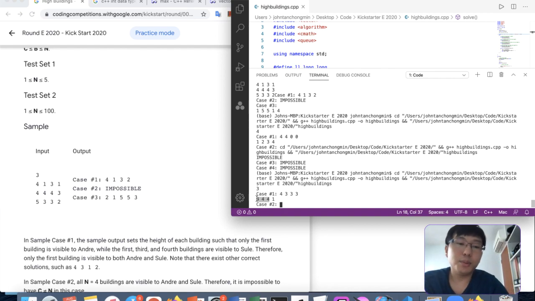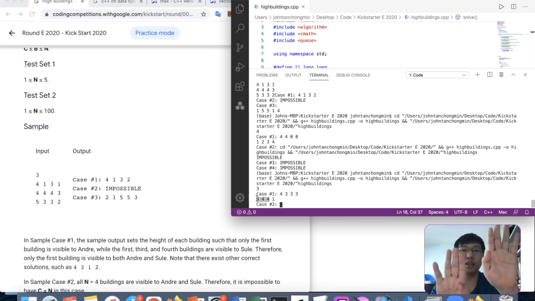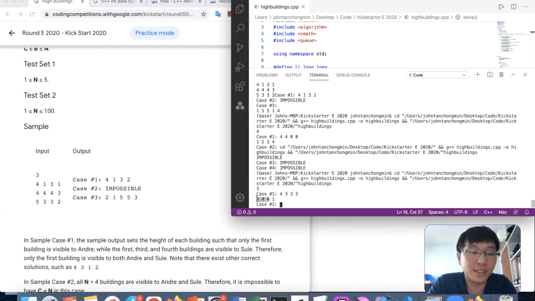When they combine and see three buildings, the buildings must definitely be of the same height. Because if the buildings are one short, one tall and one short, then one person can see, but the other person cannot see. So the buildings must be of the same height for this C. So what this means is that this should be an impossible case. Okay, so my impossible case is not robust enough. Okay, let's see how to solve this.